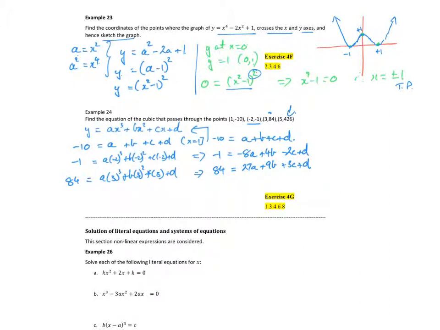Final equation, 426 is equal to a times 5 cubed plus b times 5 squared plus c times 5 plus d. Leaves me with 426 equals 125a plus 25b plus 5c plus d.